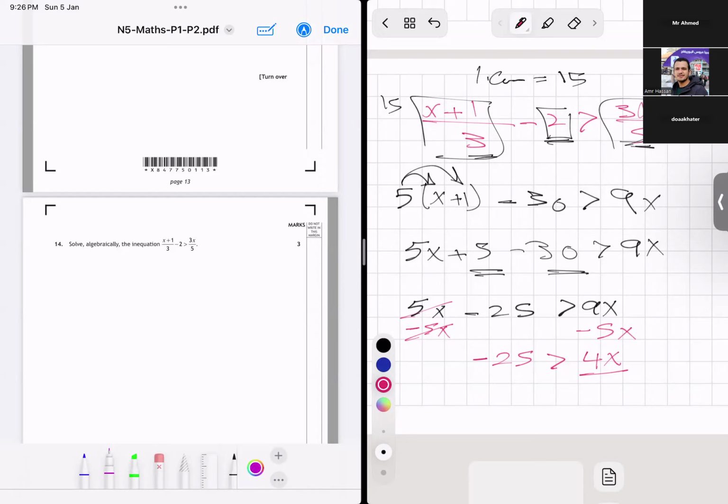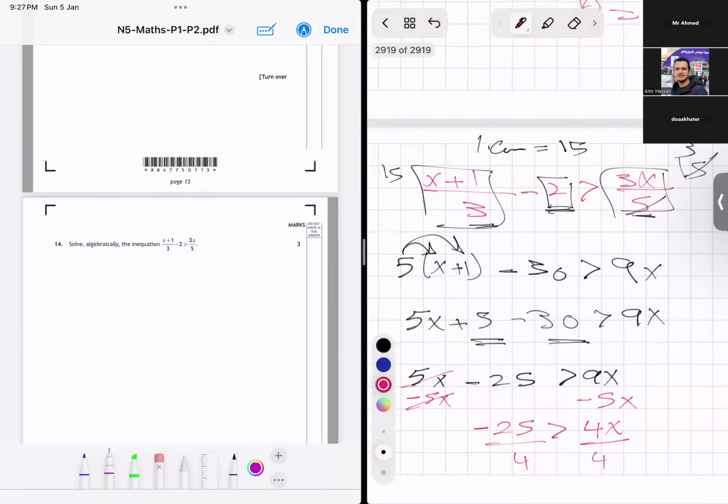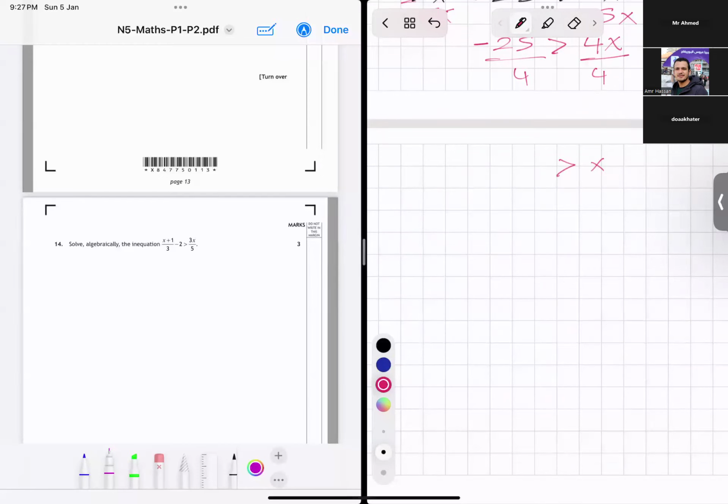What was the coefficient of x? I mean 4. Right? And the other side also. So x is less than negative 25 over 4.